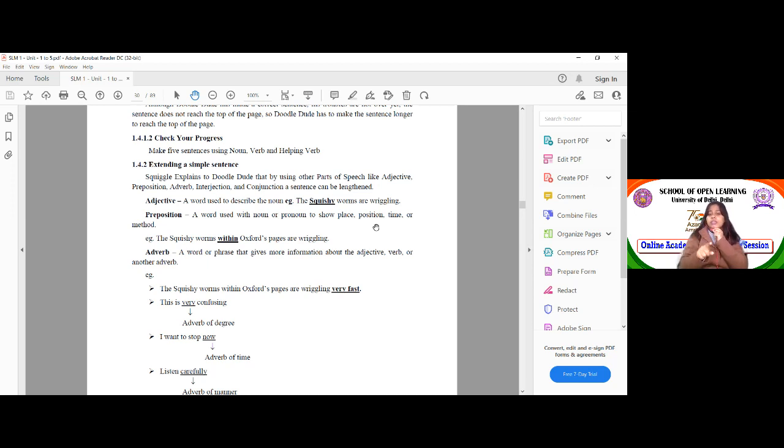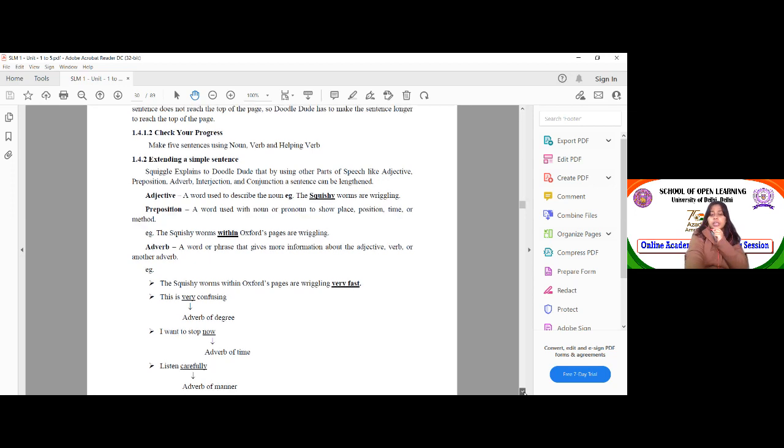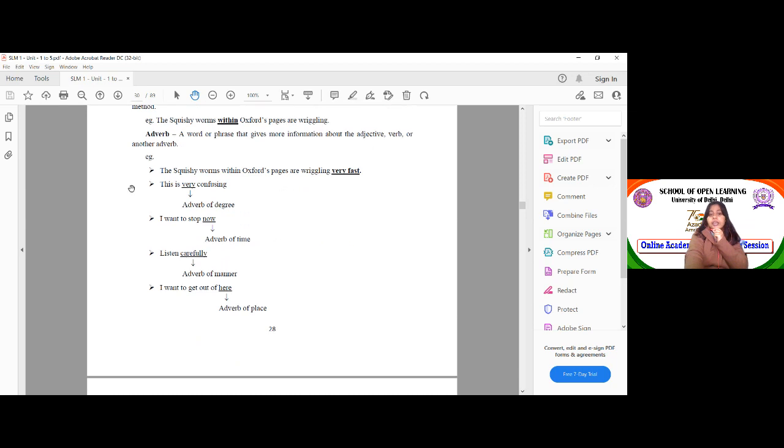This is very confusing. So see adverb of degree. They have given you the different kinds of adverbs that exist. This is very confusing is the adverb of degree. I want to stop now is the adverb of time. So very, like I feel very cold. I feel very hot. So you are describing how you are feeling, the degree of how you are feeling, the extreme of how you are feeling.